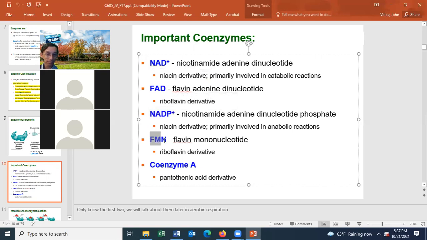I probably should require you to know coenzyme A because we do run into it in aerobic respiration, but I'm not going to require it. I never have. Just know the first two, and we're going to talk about them in pretty good detail when we talk about aerobic respiration a little bit later on in this lesson, and that might be next Tuesday. I'm not sure how far we'll get in aerobic respiration today.